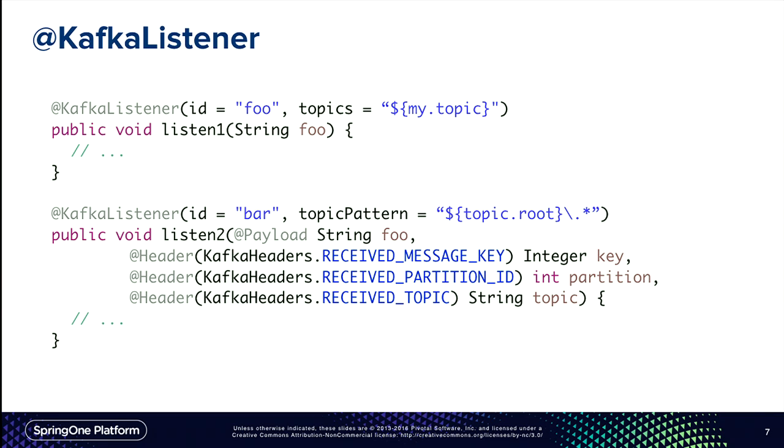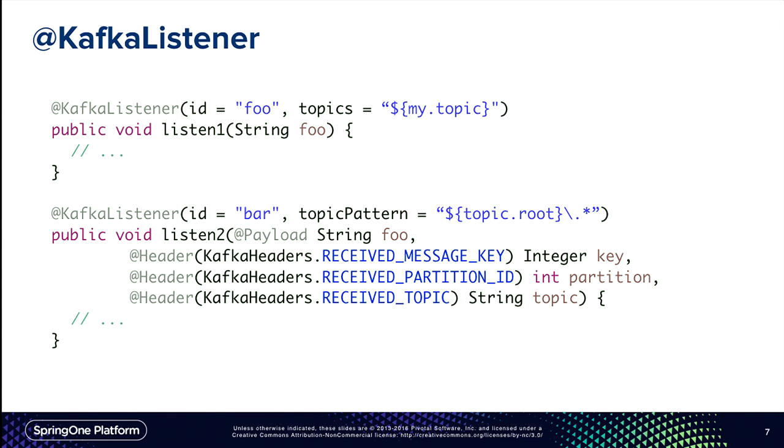Now, underlying this @x listener infrastructure, as with JMS and Rabbit too, the first thing that happens is the Kafka message gets transformed into a Spring messaging message, which has headers and payload. And so the second one shows how we can actually retrieve metadata.